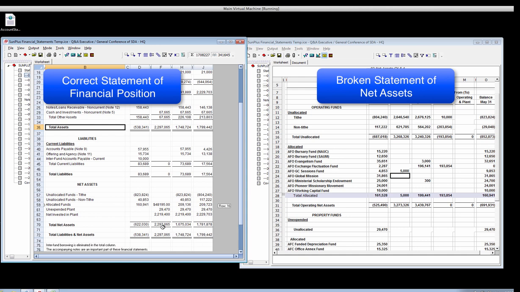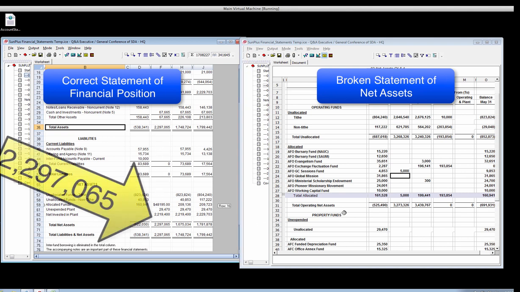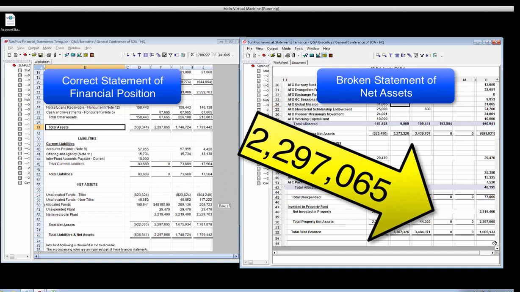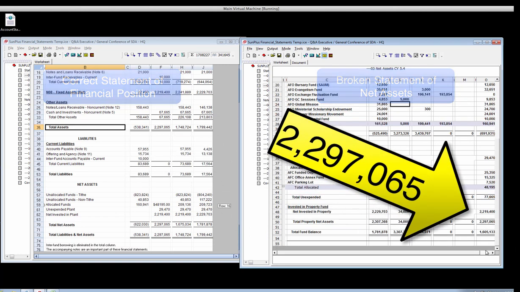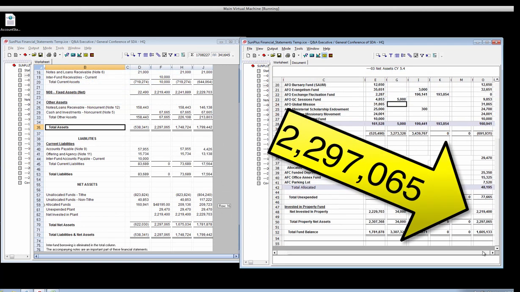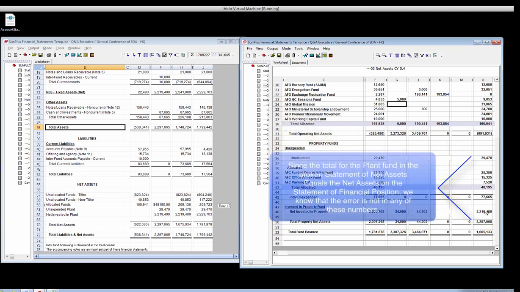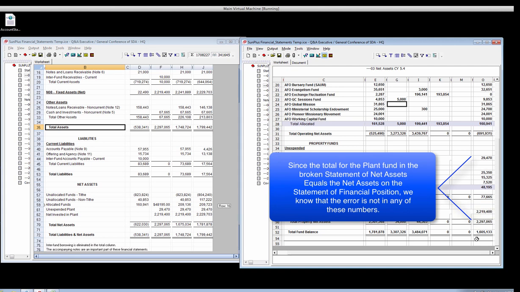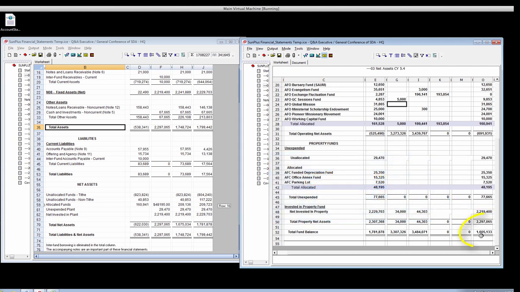ending net assets for the plant fund, that's this column right here, is 2,297,065, and we can go down here and see 2,297,065 right there. And so right away we eliminate any errors in this column. We know that this number is wrong. Where could it be? Well, we know it's not at the beginning figure over here, so we've eliminated column E. Now we're eliminating whole rows, section rows.